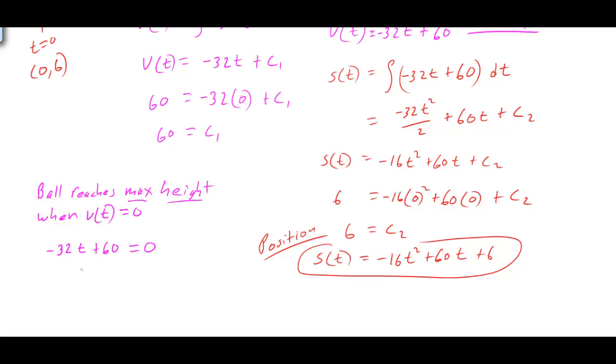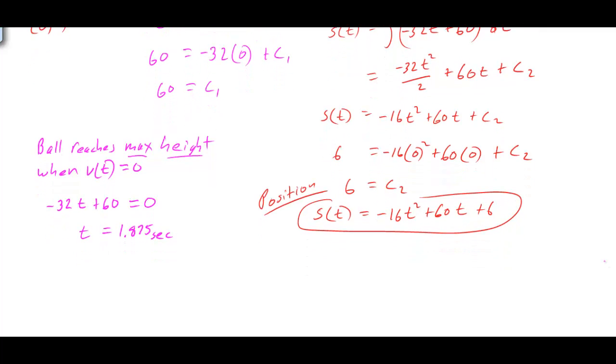maximum height. So therefore, we have t is equal to negative 60 divided by negative 32, which turns out to be 1.875 seconds. So then we know that at this time, at 1.875 seconds, the ball is going to reach its maximum height. So therefore, we can take this number and plug it into our position function and evaluate it at a time of 1.875.